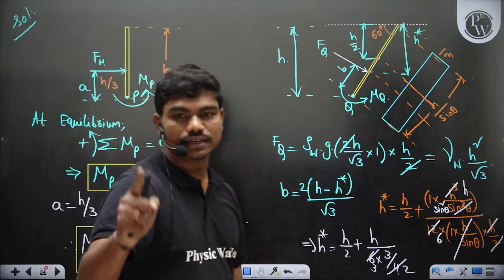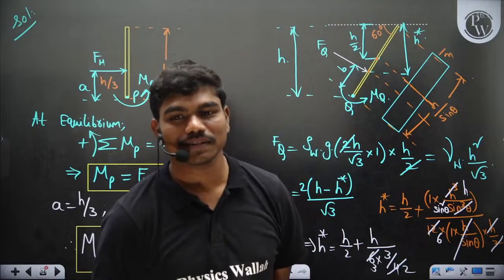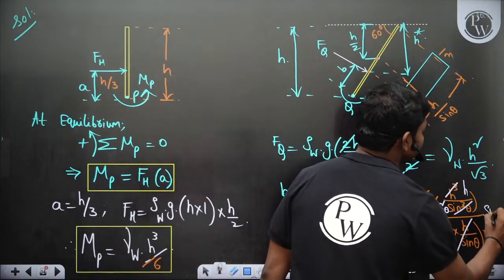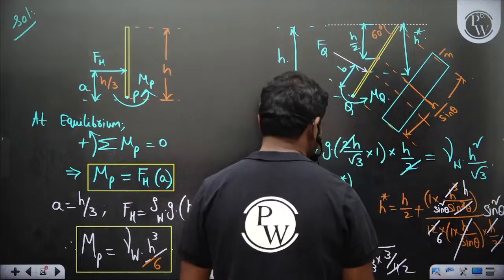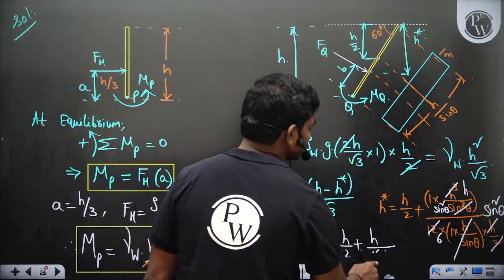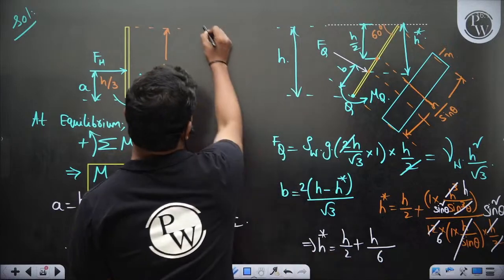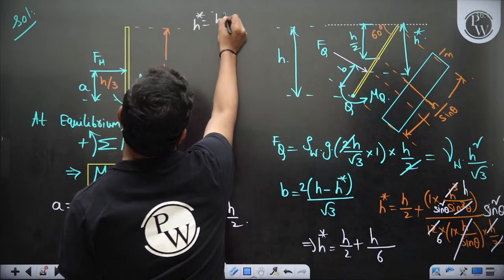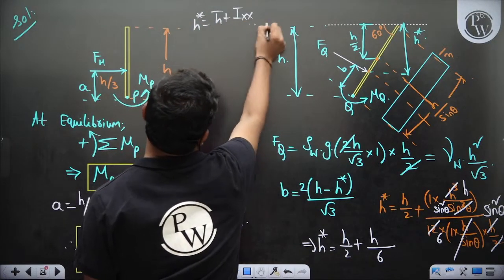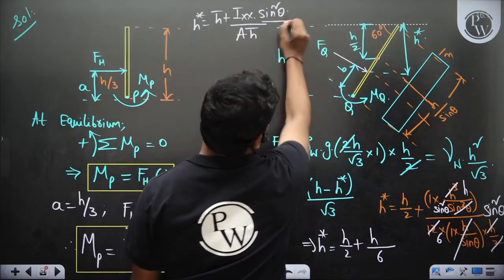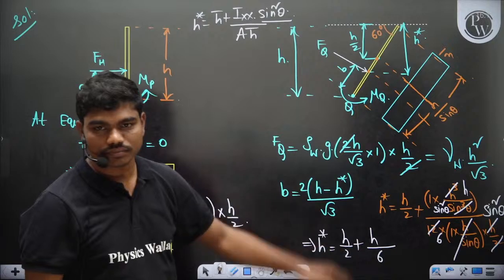We made one mistake. Can anyone tell me what is that mistake? Yes, exactly. We forgot to do sine square theta multiplication here. Then this becomes only h by 6, because h star, we are missing that sine square theta. Got it?